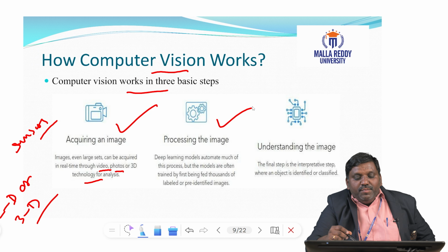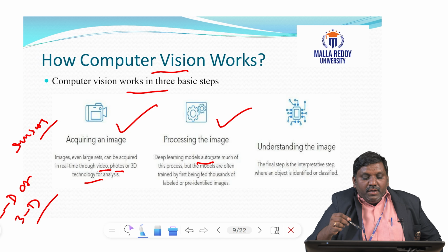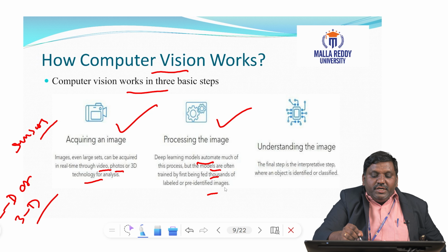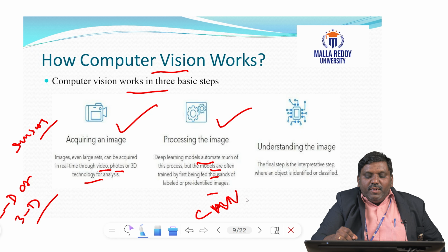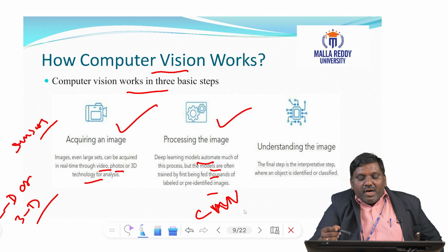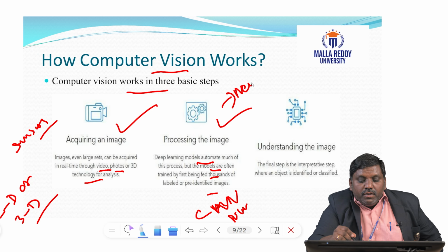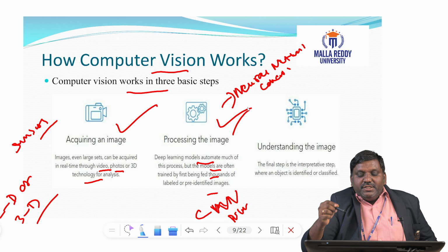Then coming to the next one, we are processing the image. In order to process the image, we are using a deep learning model. I already told you that in order to use the deep learning model, we are using the CNN approach. Either it may be CNN or RNN, any neural network concept we are using for processing the image.